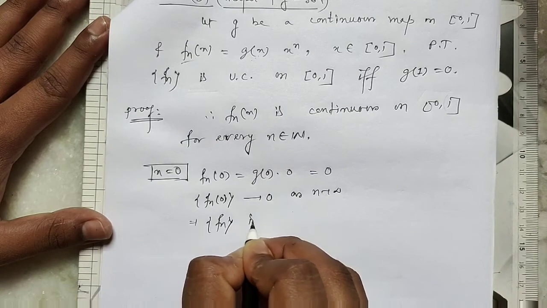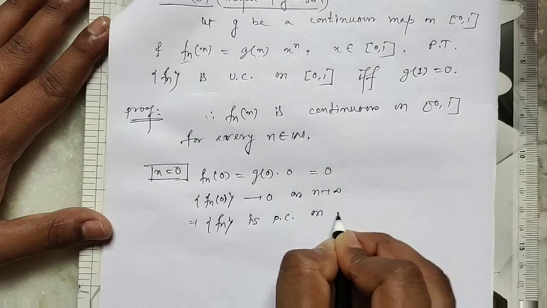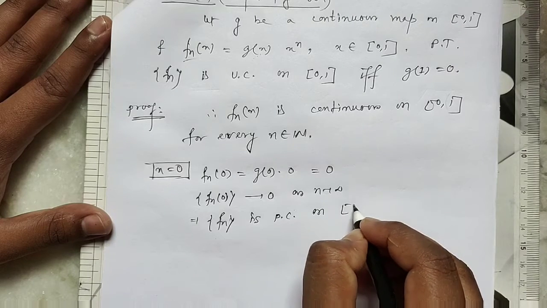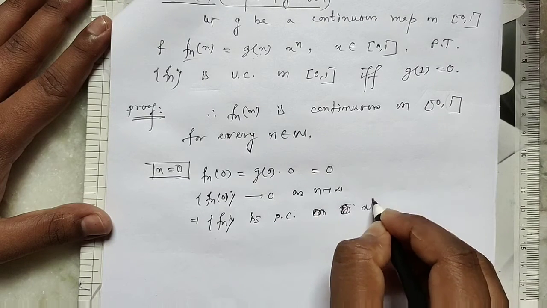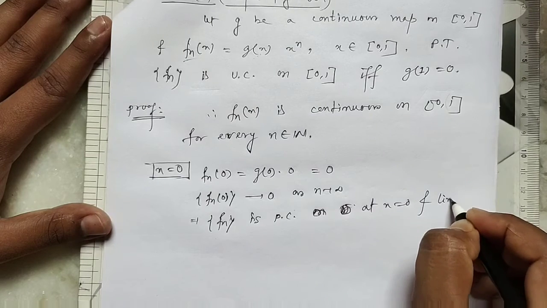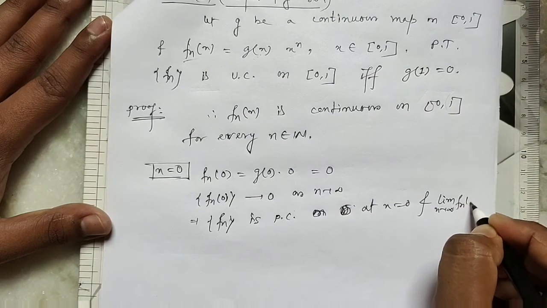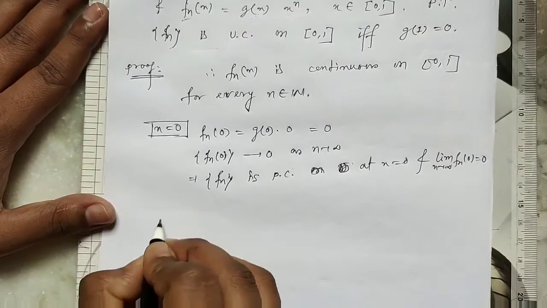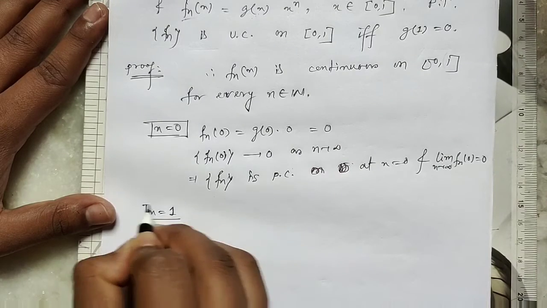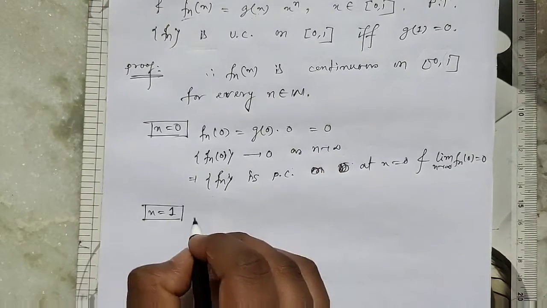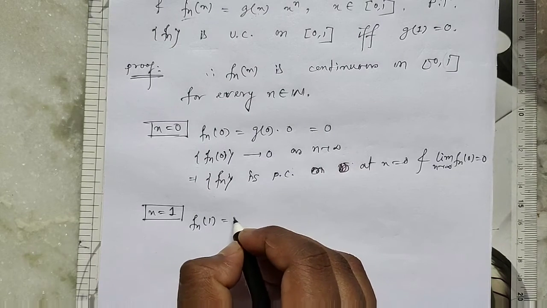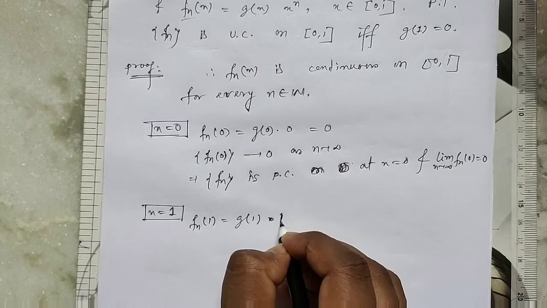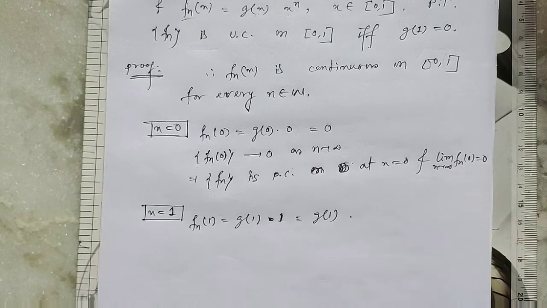This implies the sequence of functions is pointwise convergent at x equal to 0 and the limit is 0. Now for x equal to 1, fn(1) equals g(1) times 1, that is g(1).